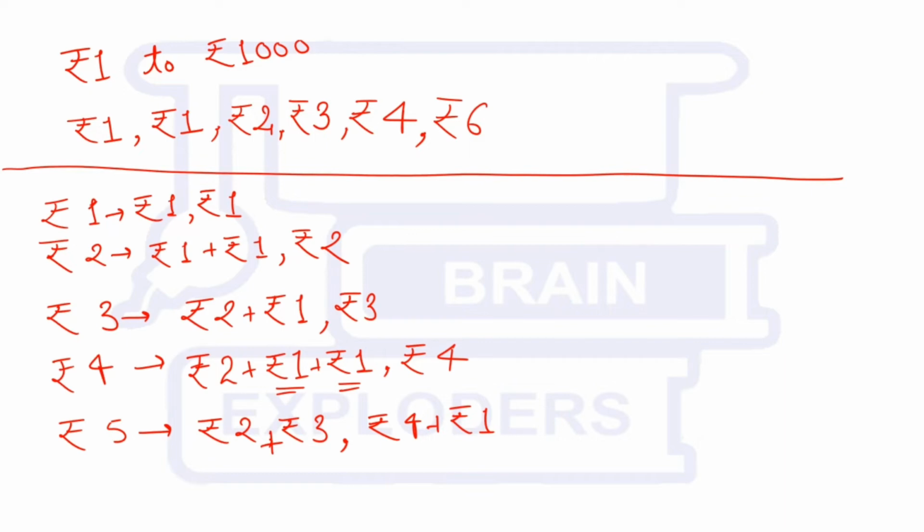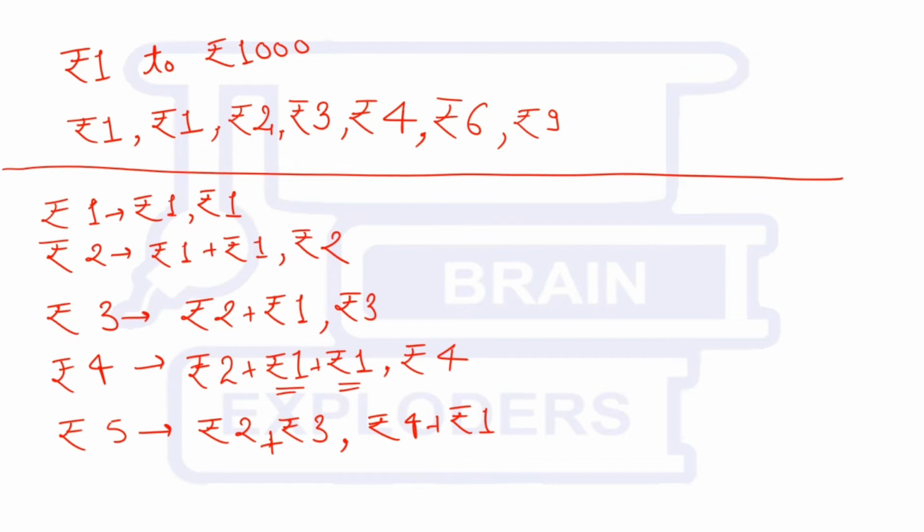Now from here you can pay rupees 7 by 4 plus 3 and 6 plus 1, and you can pay rupees 8 like rupees 6 plus 2 or rupee 4 plus 3 plus 1. We cannot pay rupee 9, so we must include a rupee 9 note.